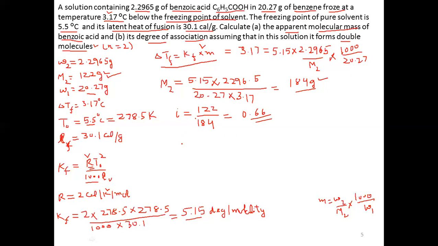And we have the relation for alpha is equal to (1 minus iota) divided by (1 minus 1 by n), and it is given that benzoic acid forms a double molecule, so n is 2. So putting this value, alpha is 1 minus 0.66, iota is 0.66, divided by 1 minus 1 by 2.